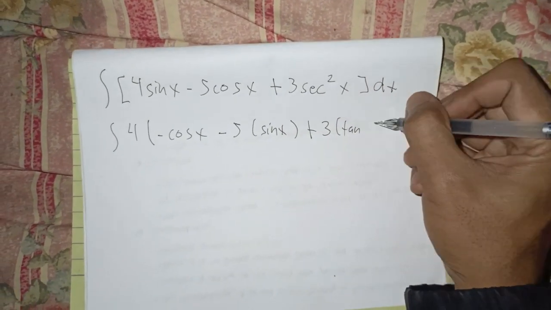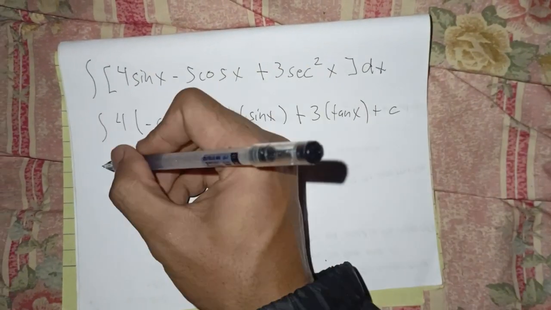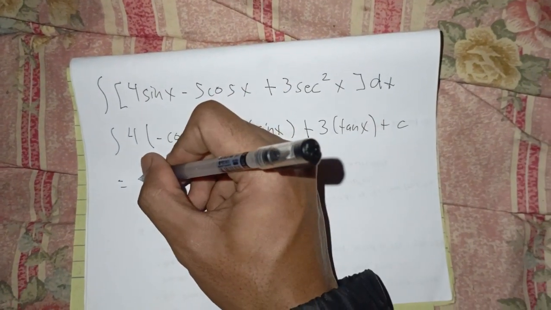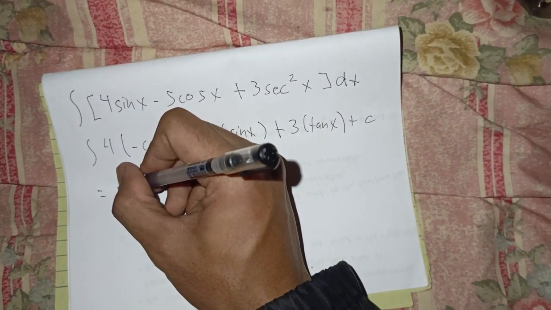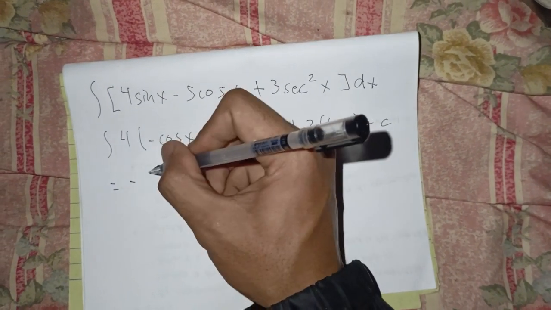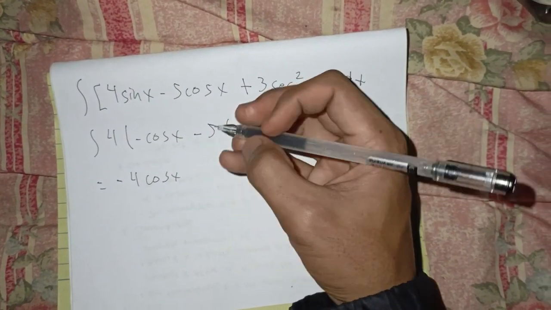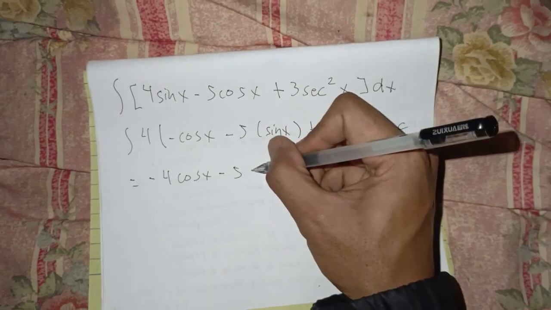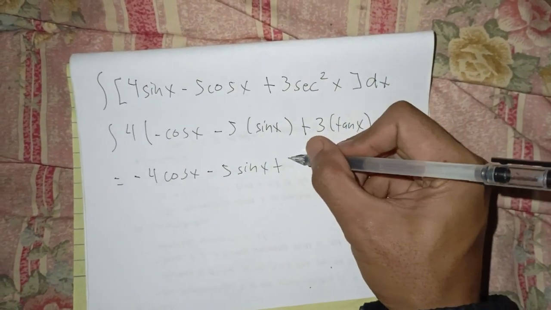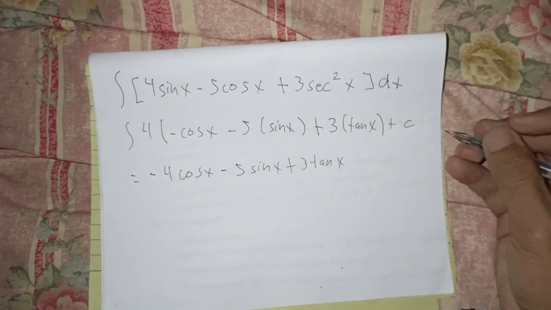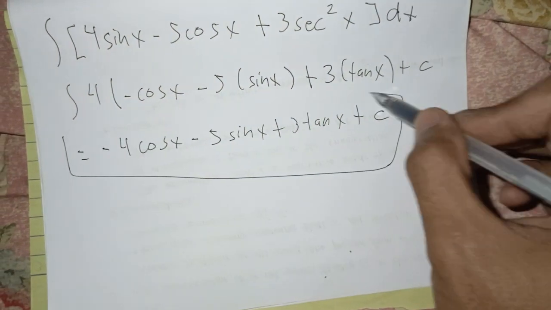To write it, we copy the signs. So 4 times negative cosine x is negative 4 cosine x. Negative 5 times sine x is minus 5 sine x. Plus 3 times tan x is 3 tangent x, plus c. So this is our final answer.